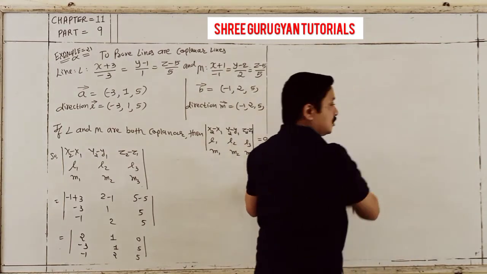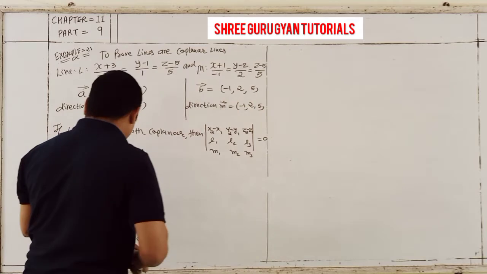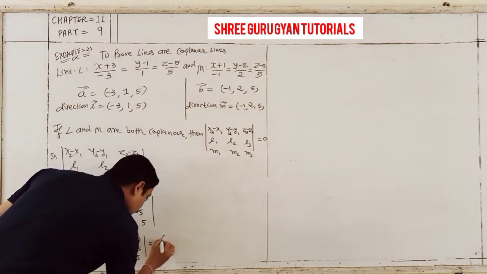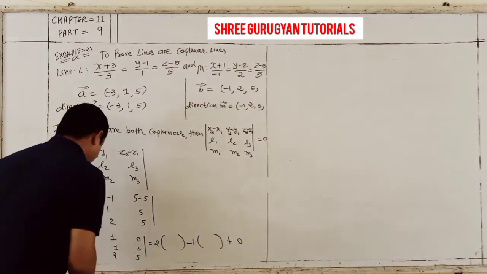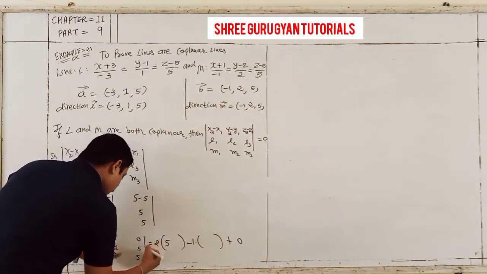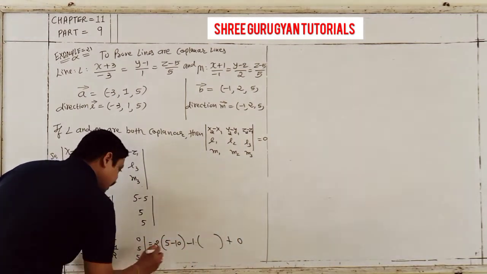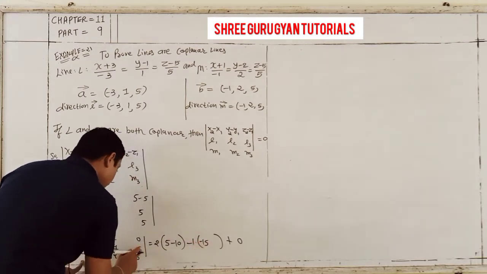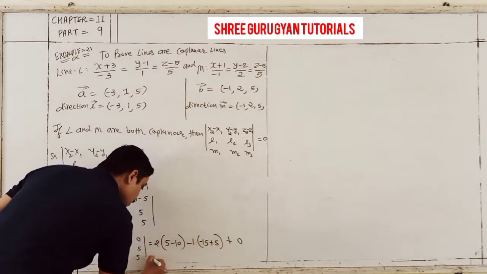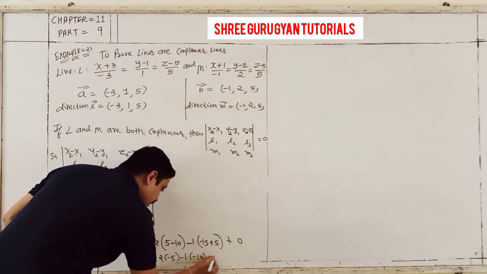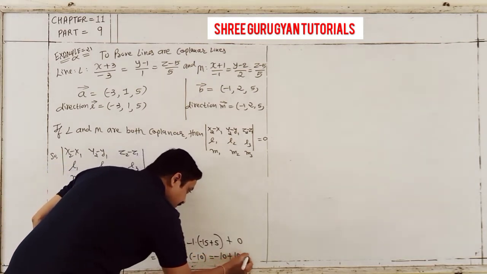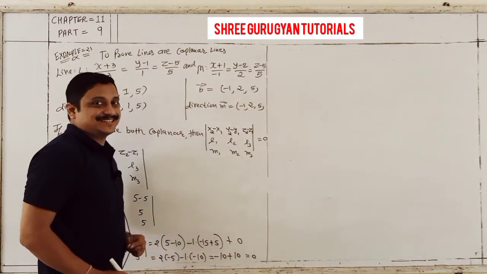It is coplanar. So here the solution is 2 times minus 1 but last of the 0. Here 5 to 10, last minus 15 and plus 5. So here 2 with minus 5, minus 1 with minus 10, indirectly minus 10 plus 10, but finally the answer is 0.